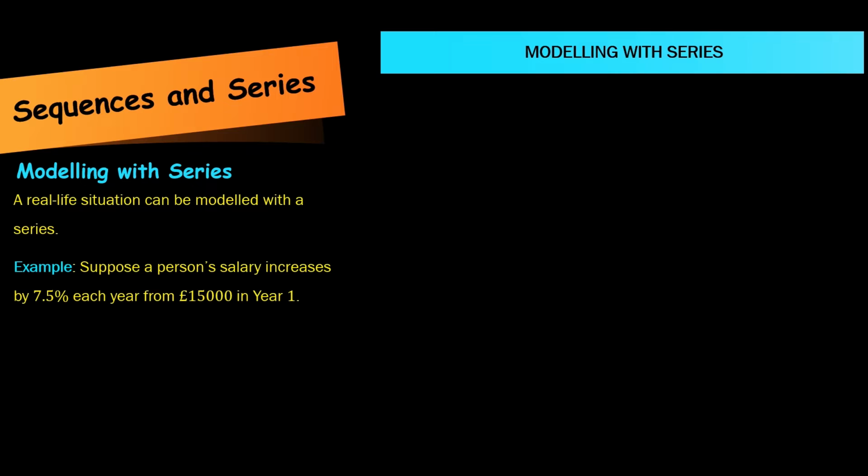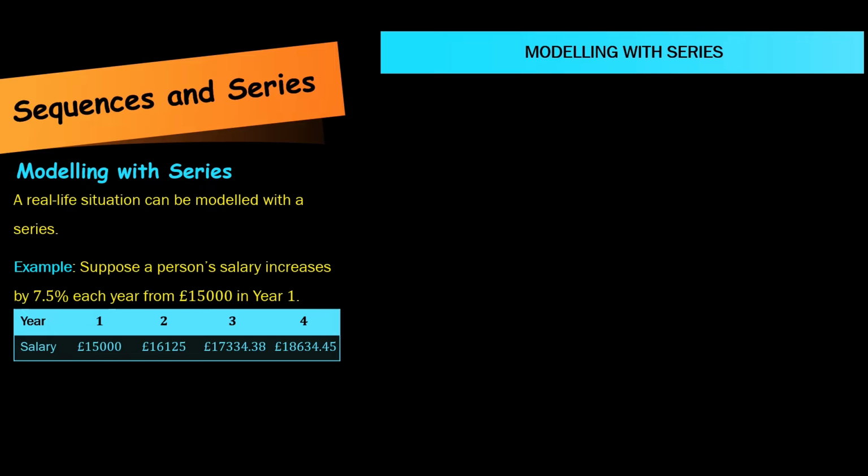So, for example, suppose a person's salary increases by 7.5% each year from £15,000 in year 1. Then we have that U1, the salary in year 1, is £15,000.